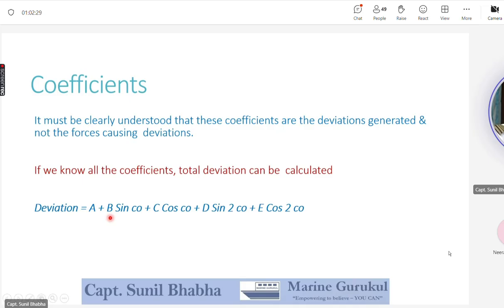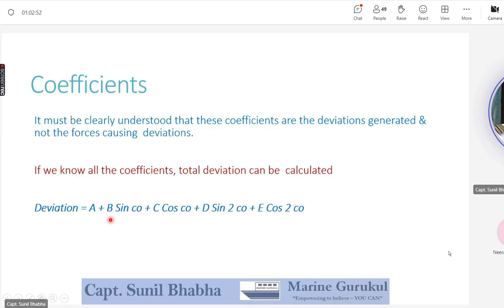What if the ship goes on an easterly heading? On an easterly heading, the course becomes 90. Sine of 90 becomes 1, which is the maximum value, and the contribution of B towards the deviation becomes the maximum. So the contribution to the deviation because of coefficient B is 0 on northerly heading.